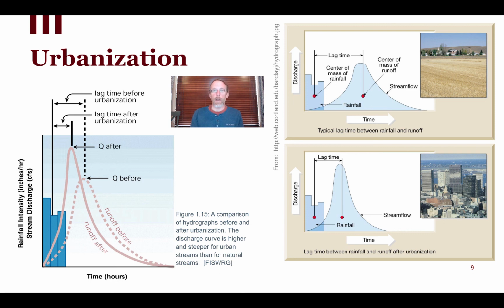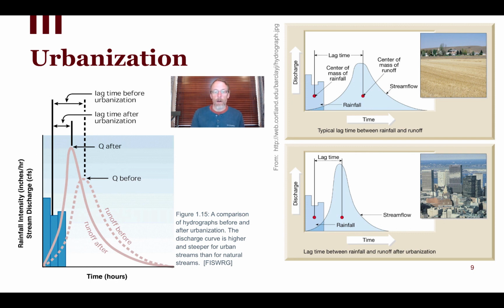So whenever we urbanize a watershed, we're often increasing the amount of impervious surface. Impervious surface would be roofs and cement and asphalt and other things that water cannot infiltrate into. If the water can't infiltrate into it, it can't be absorbed and held by the soil and is more likely to rapidly run off, to get into the stream quickly and cause a flood.